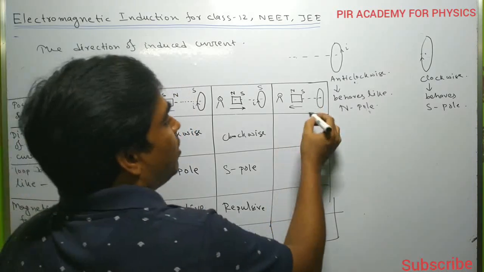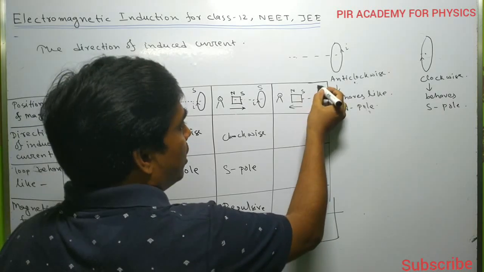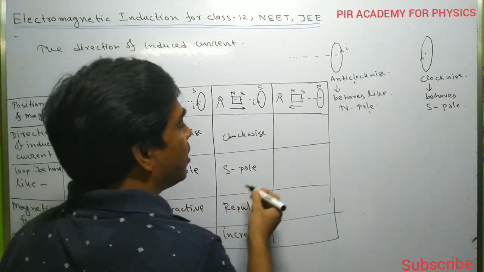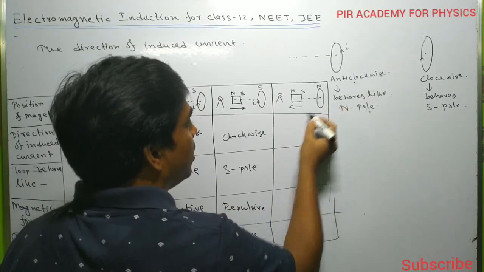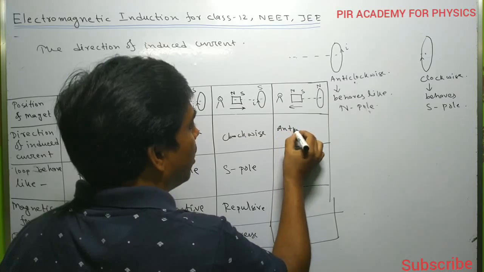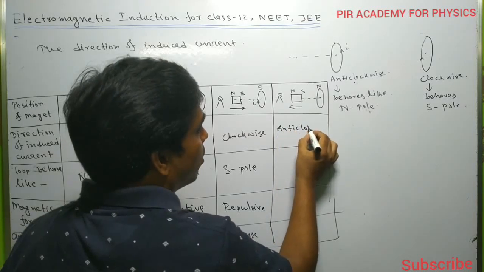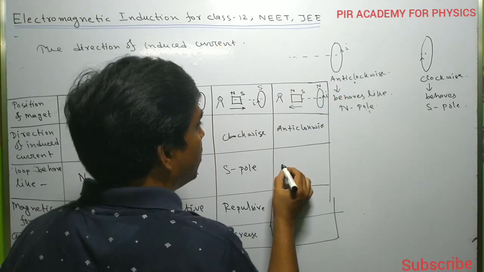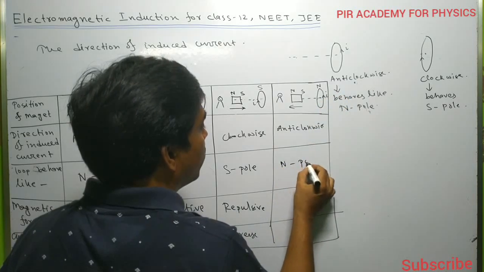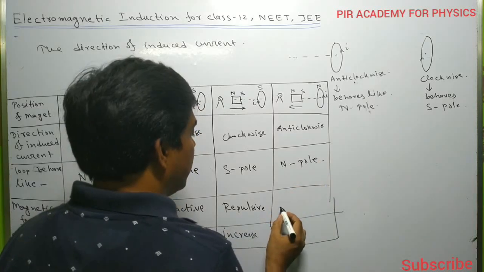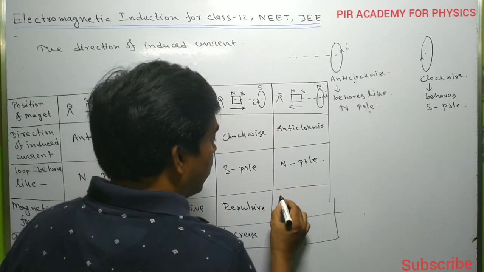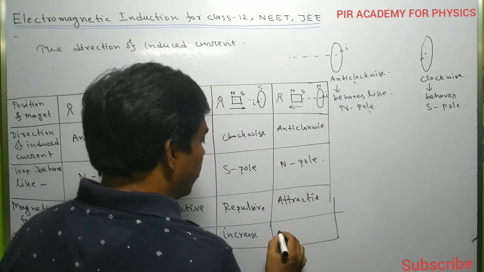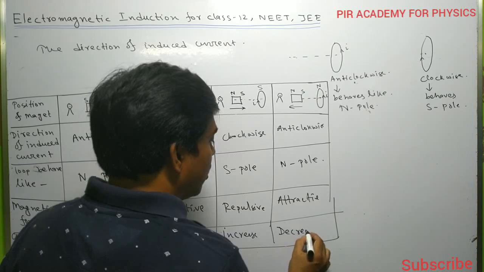And here similarly, there must be a north pole, because this magnet moves away from the circuit. That means it must be anti-clockwise along this direction, and it behaves like a north pole, and the force will be attractive, and the magnetic flux again decreases.